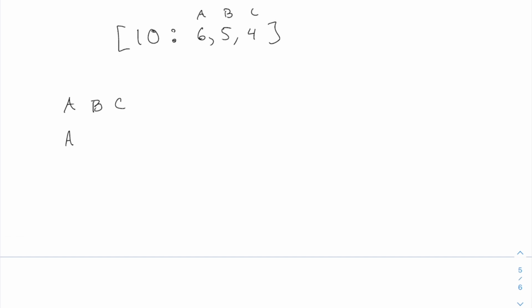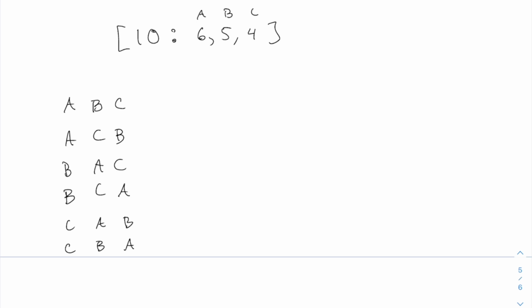There will be 6 different orderings here. Make sure you get them all. My system for making sure I get them all is just, there's always 2 that start with A, 2 that start with B, and 2 that start with C. CBA. All right, and then those are the permutations.